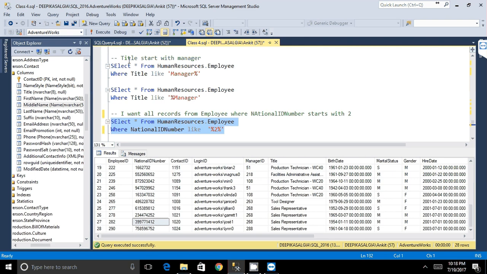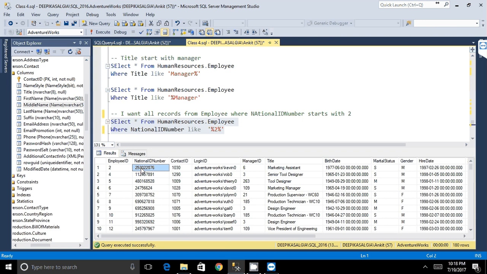Yeah, sure. So you get this number because it has 2 in the starting, but it has it in the middle as well. But you get this one because the 2 is in the middle. This one has it only at the end. So you get this because you have percent at the starting.